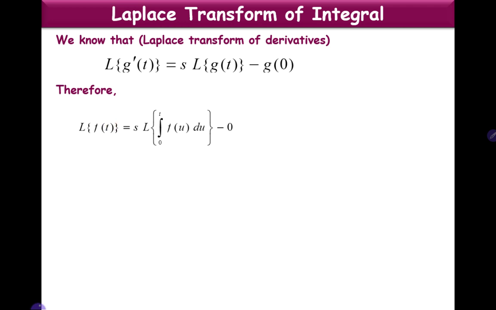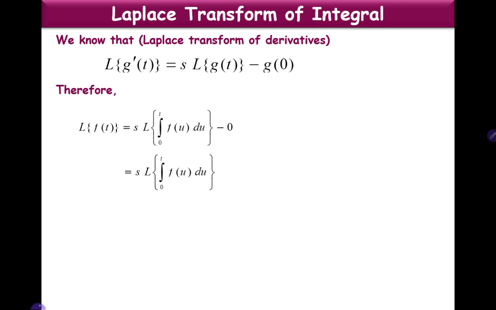G dash of t is equal to f of t here, and this is equal to s into L of g of t. We assumed g of t as integral 0 to t f of u du. So we substituted in place of g of t, and g of 0 we proved to be 0. Therefore, g of 0 is equal to 0. Hence, this is equal to s times the Laplace transform of integral 0 to t f of u du.